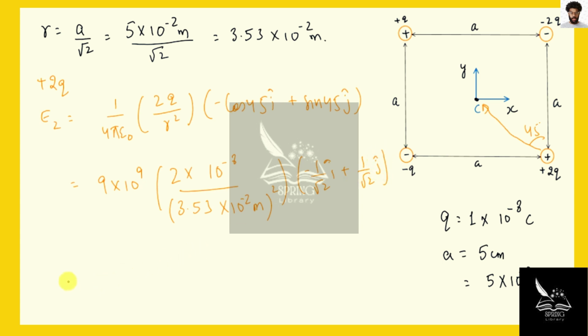Now we're going to simplify this and we'll get minus 10.182 i cap plus 10.182 j cap, here one negative sign would be there.